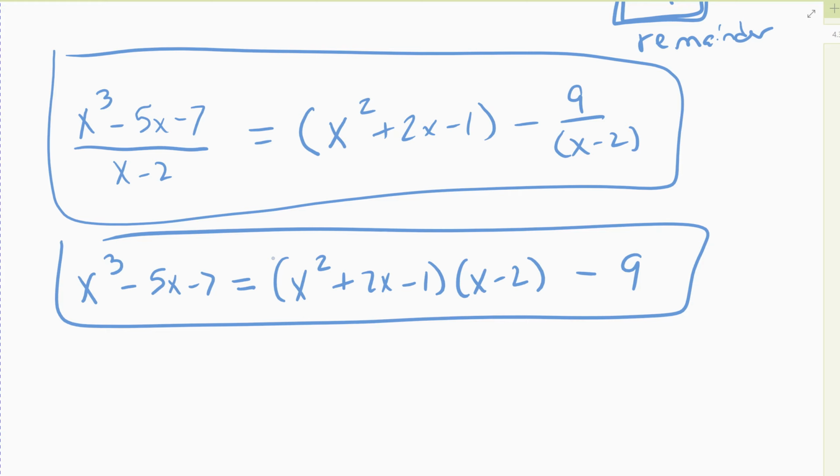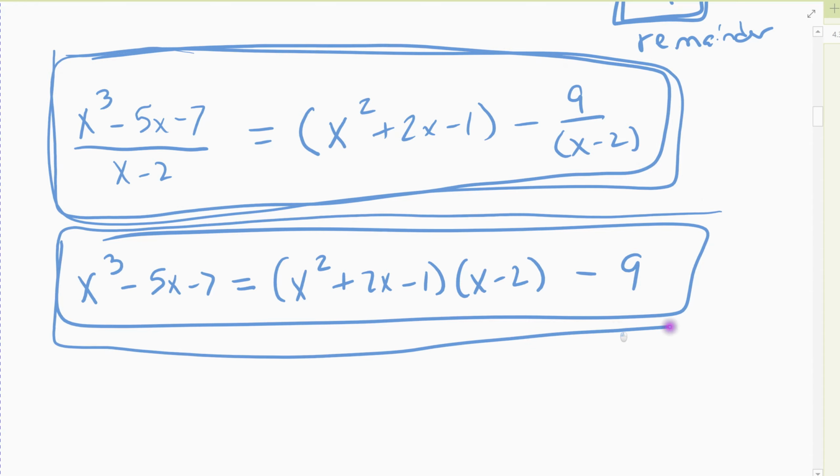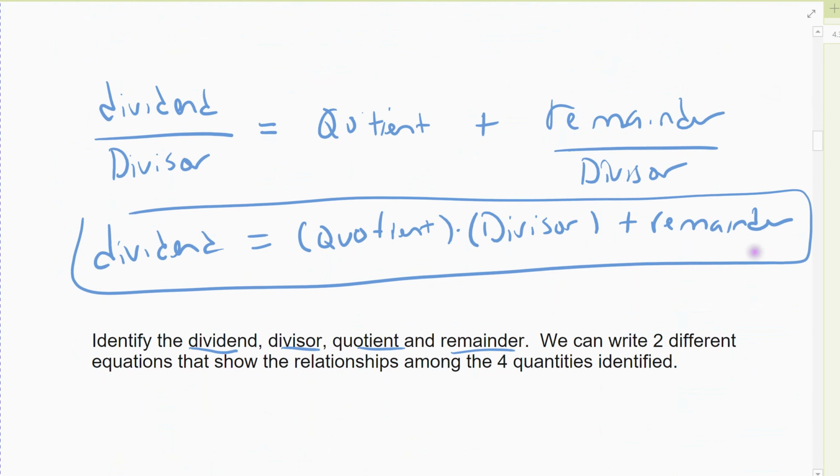Alright, and so that's the relationship between the divisor, the dividend, the quotient, and the remainder. Right? There's four identities we always have. And there's two ways that we can write it. Again, this would be the way we get when we're doing it literal. This is what it is. And then we rearrange it because we like this form here, the second form.